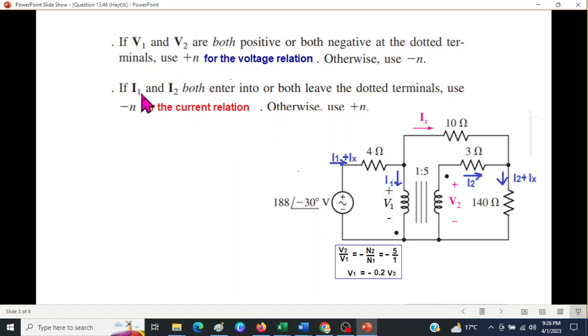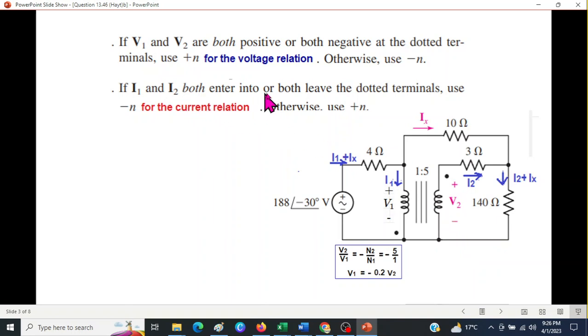Similarly, if I1 and I2 both enter into or both leave the dotted terminal, use the negative sign. Now in our case, this current is entering the non-dotted terminal, and this current is also entering the non-dotted terminal.